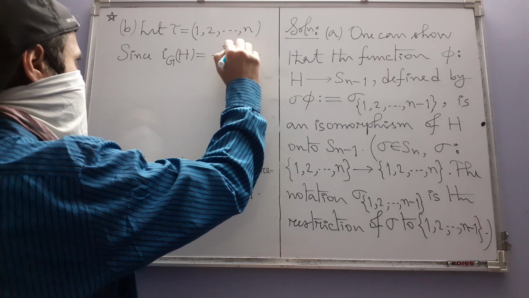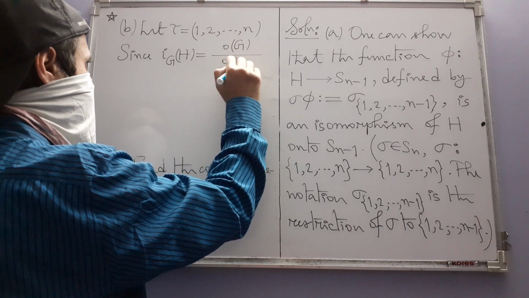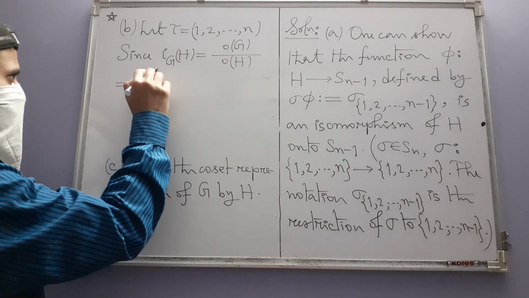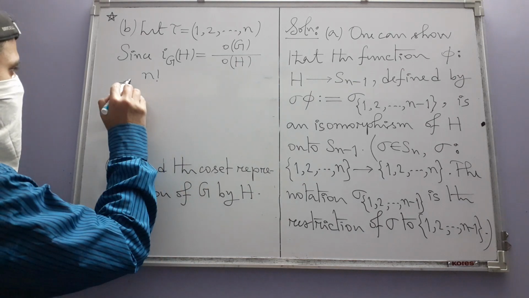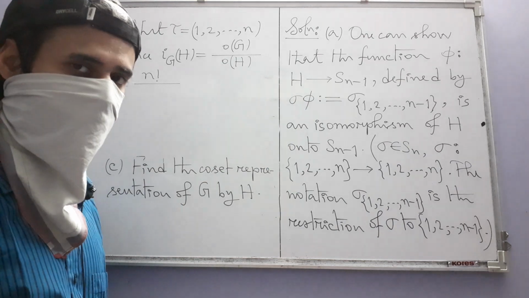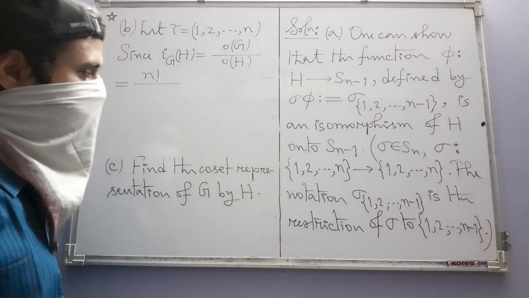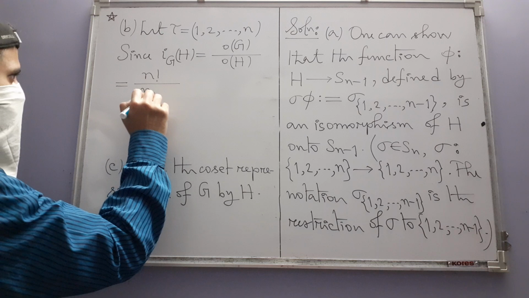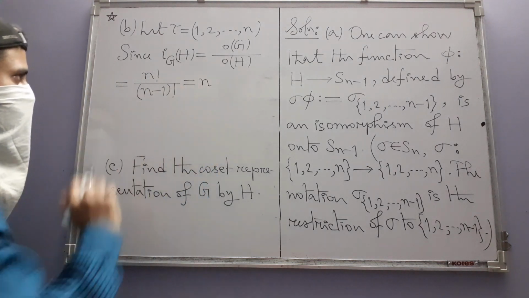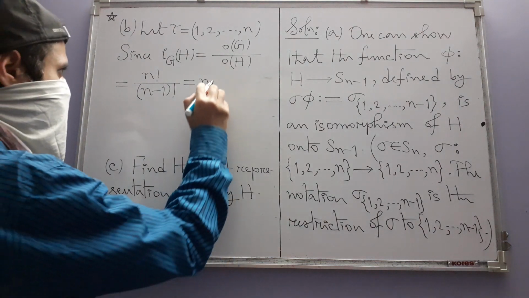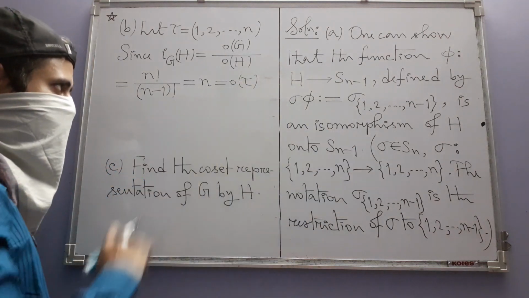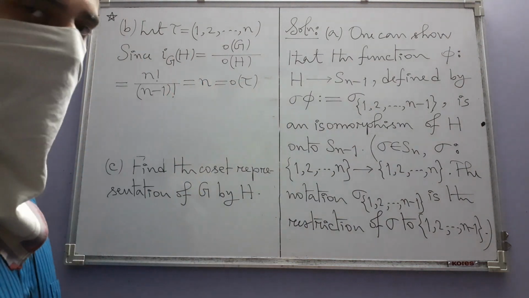This is by definition the order of G divided by the order of H. Now G being Sn has order just n factorial, but because we have just proved that H is isomorphic to Sn minus 1, they are going to have the same order. So that's why in the denominator you would have n minus 1 factorial. So this is going to be n, and that n is also the order of tau as an element in Sn, because tau is an n cycle, so its order is going to be n.